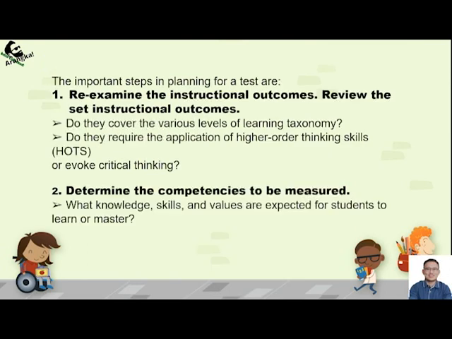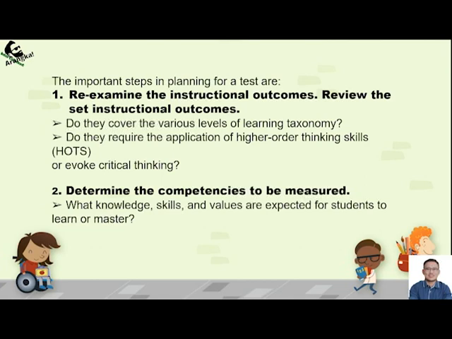The important step in planning for a test is to re-examine the instructional outcomes. Review the set of instructional outcomes. Ask questions like, do they cover the various levels of learning taxonomy? Do they require the application of higher order thinking skills or HOTS? Or evoke critical thinking?